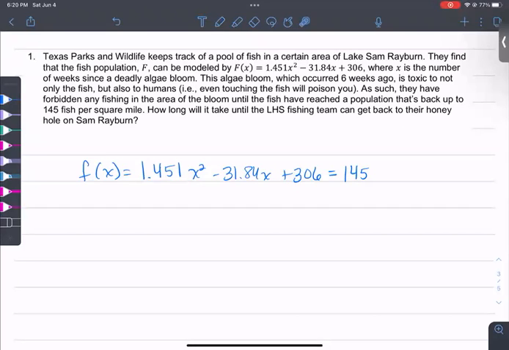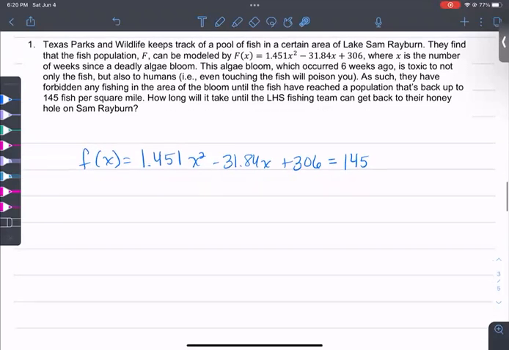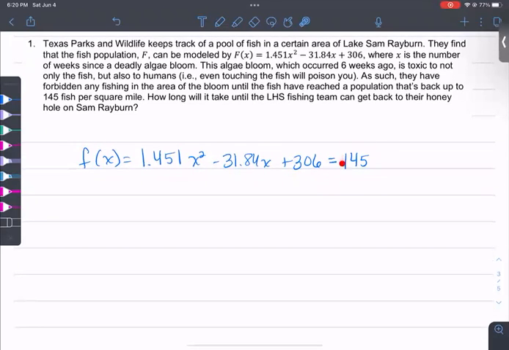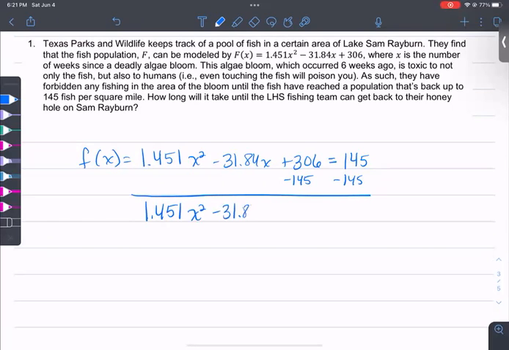So you could figure out when this equation is equal to 145, or we can take advantage of our quadratic formula by subtracting this 145 from both sides. And then we have a quadratic equation set equal to 0. And that makes things a little bit easier. 306 minus 145 is positive 161.